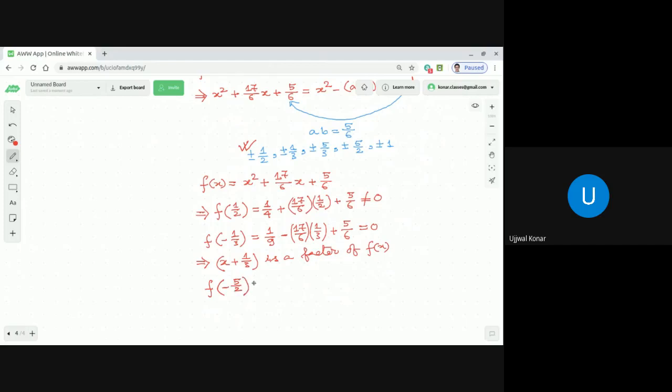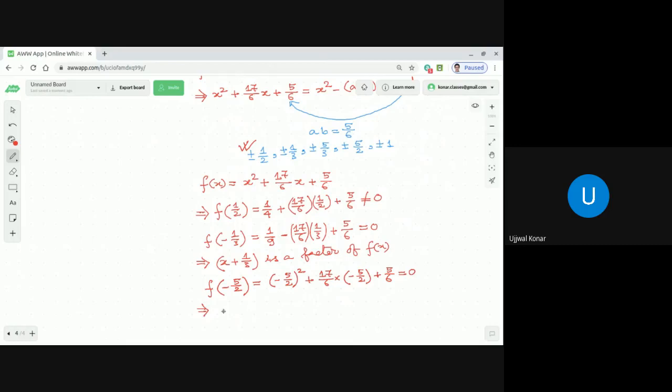Let me write it down: (−5/2)² + (17/6) into (−5/2) + 5/6, and if you compute, this is actually equal to 0.